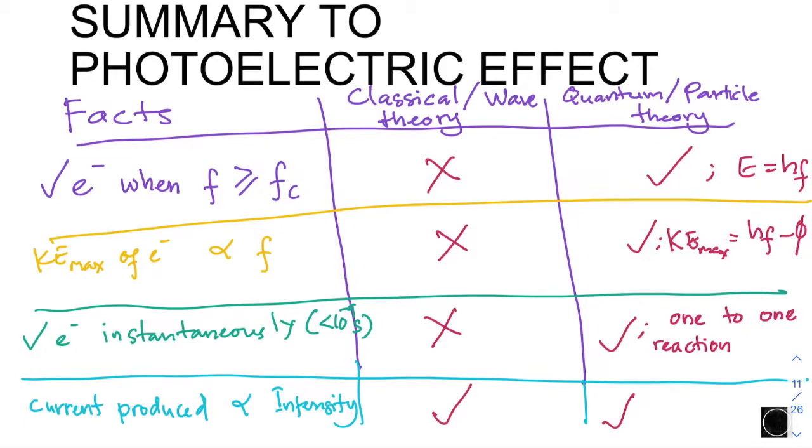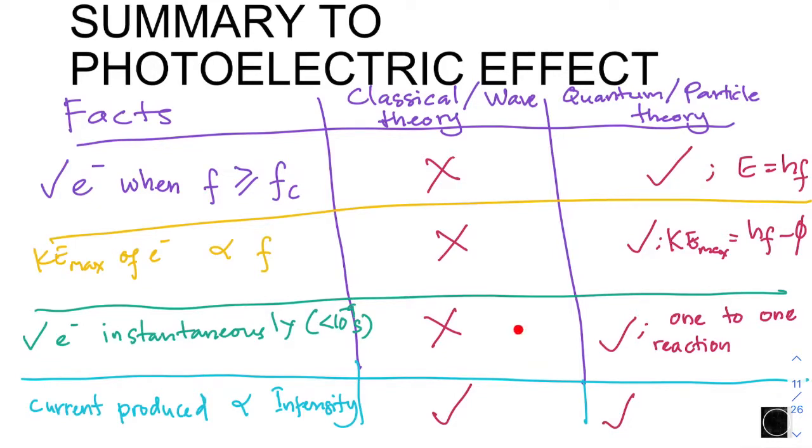Quantum or particle theory of light can explain every single fact happening within the photoelectric effect experiment. Classical wave theory can only explain one piece of information. The rest it failed to explain.